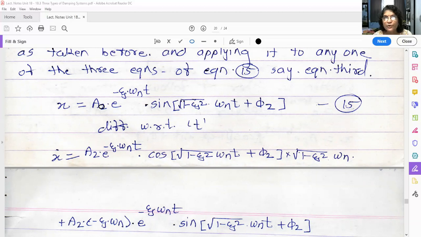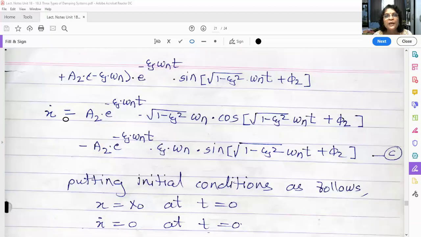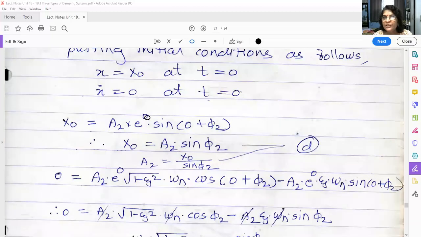So X0 is equal to A2 into e raised to 0 into sine of 0 plus phi 2, because t is 0. So what is remaining? X0 is equal to A2 into sine phi 2. So the value of the first constant, A2, is equal to X0 upon sine phi 2.